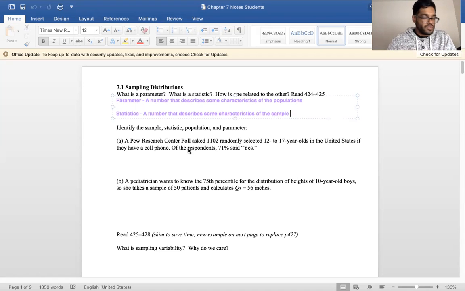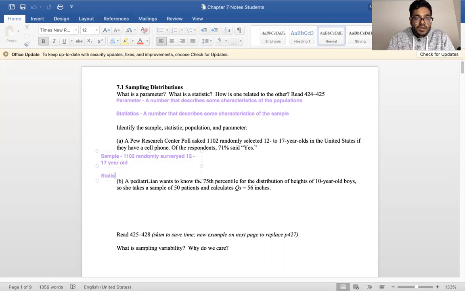So for example, here in the first one, we're looking at 1,102 randomly selected 12 to 17-year-olds in the United States, and if they have a cell phone or not. So here, your sample is the 1,102 randomly surveyed 12 to 17-year-olds.